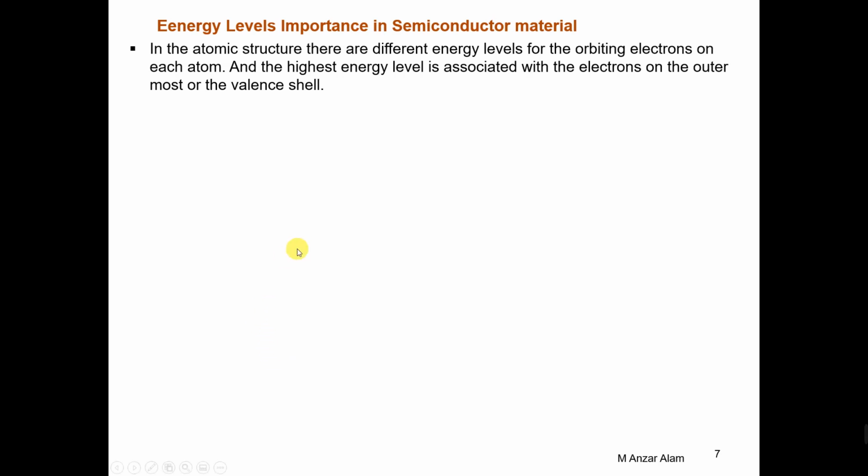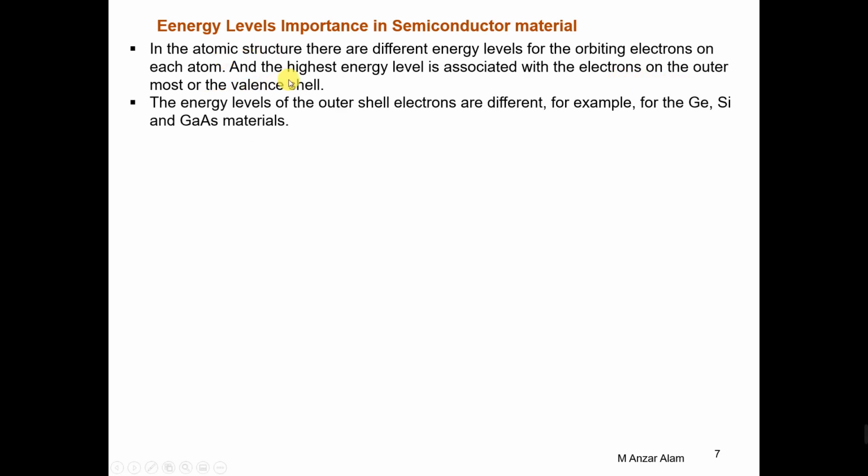So in the atomic structure, there are different energy levels for the orbiting electrons of each atom, different for different shells and even for different materials, and the highest energy level is associated with the electrons on the outermost, or valence, shell. So valence shell electrons have the highest energy, which means they are likely to move away from the nucleus. So this is important.